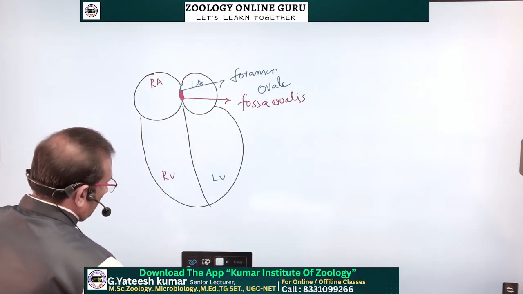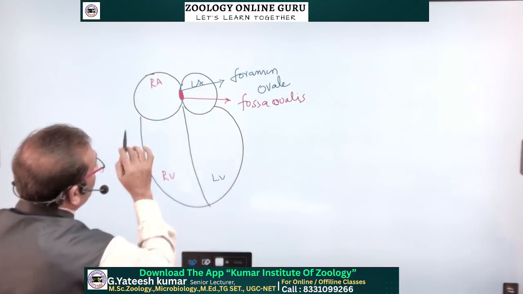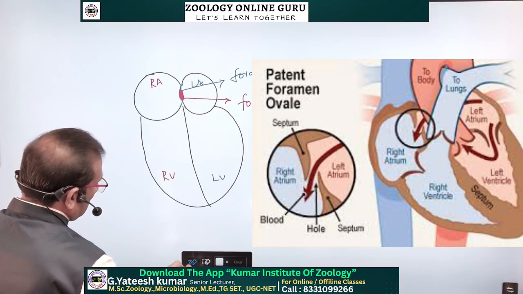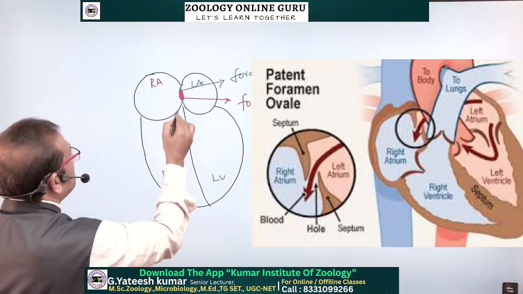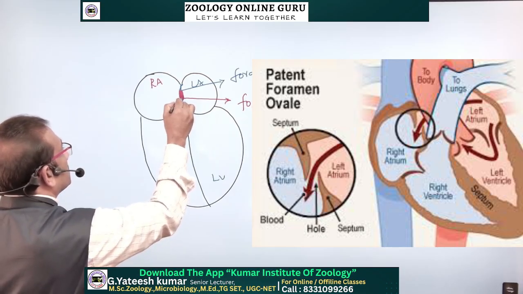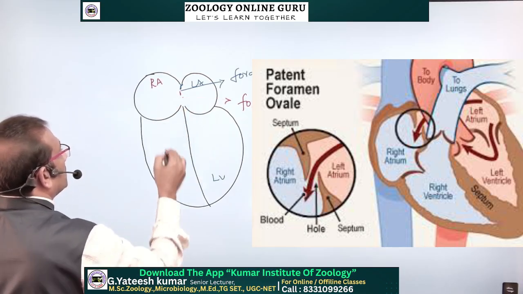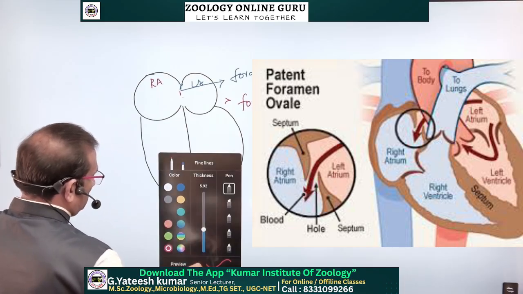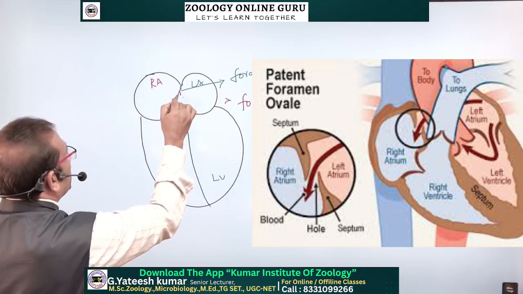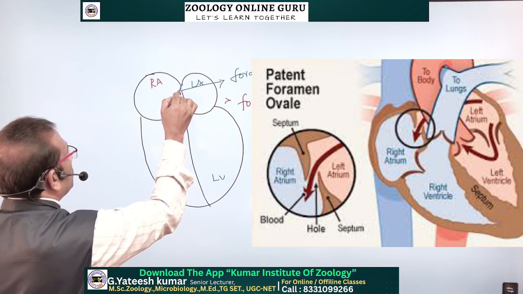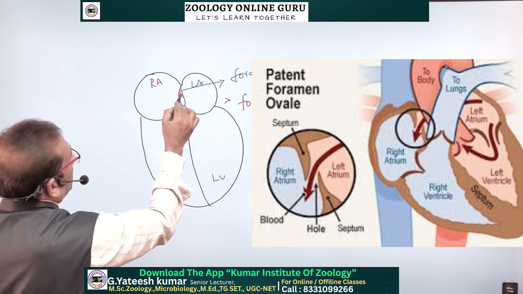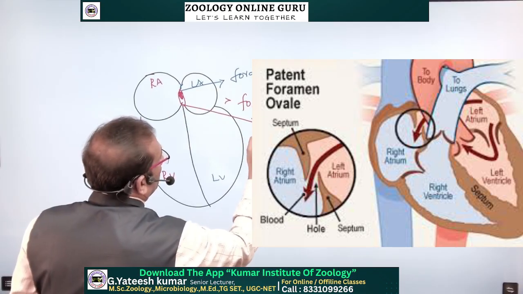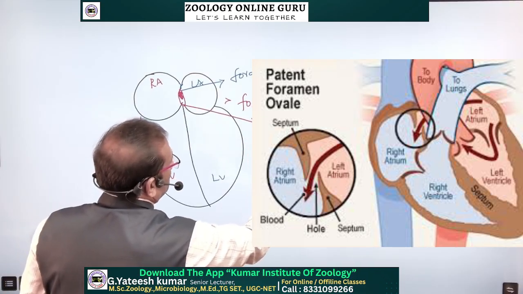In some cases, what happened? This foramen ovale does not close properly, and this is known as a hole in the heart.